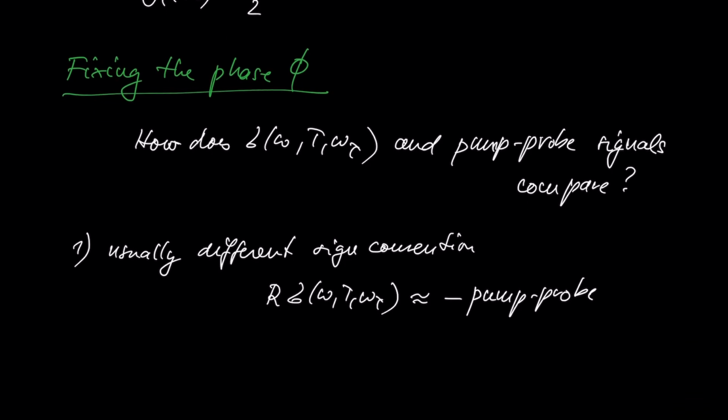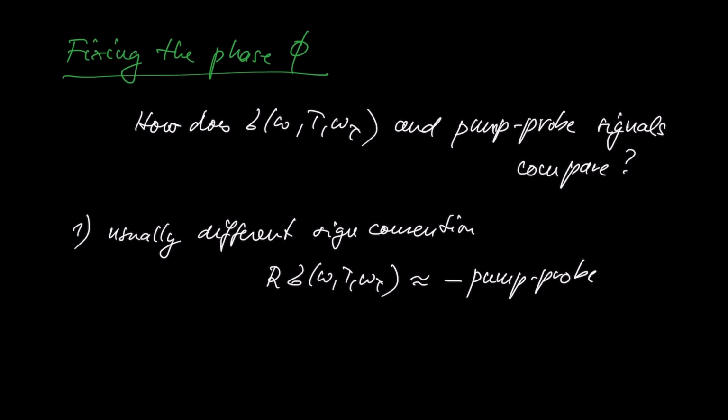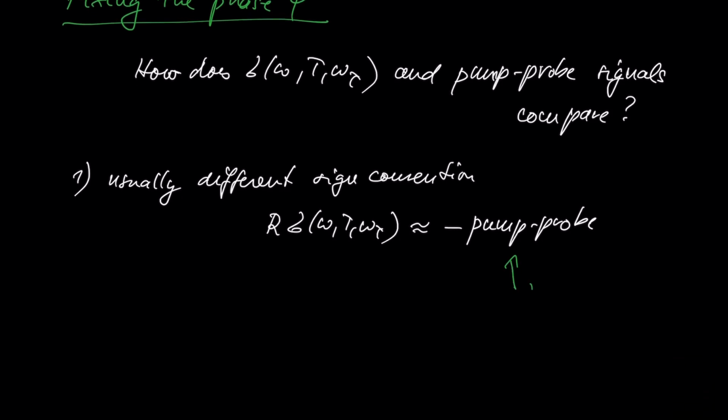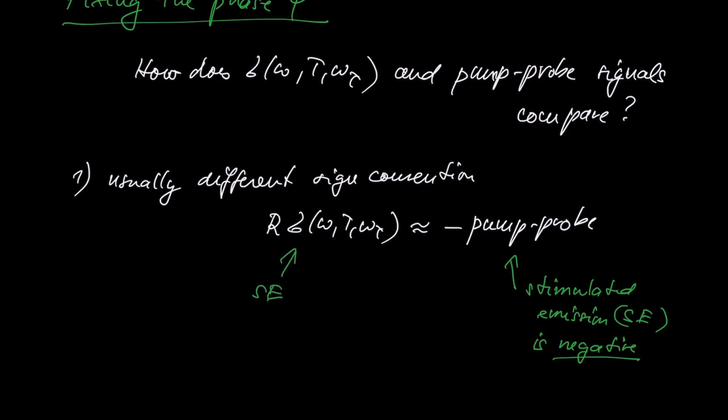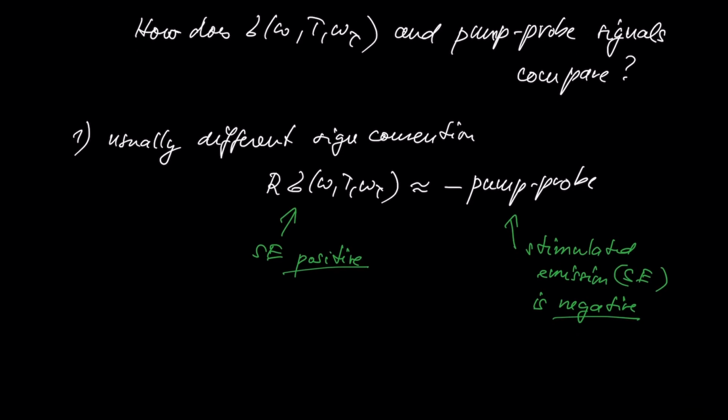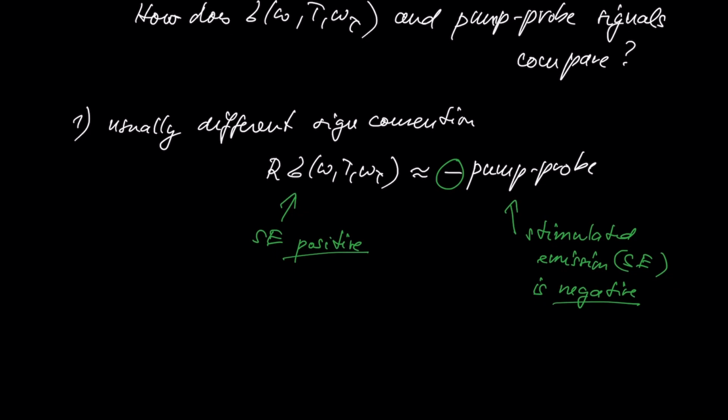The conventions are such that here in pump probe, stimulated emission is negative, and here we have stimulated emission positive. That's a difference which we have to make sure that we take into account when we compare the two spectra.